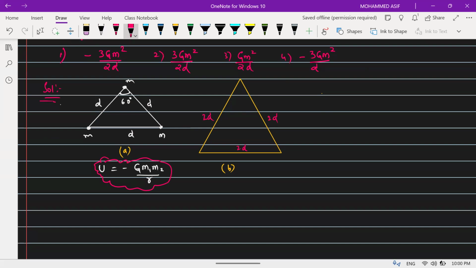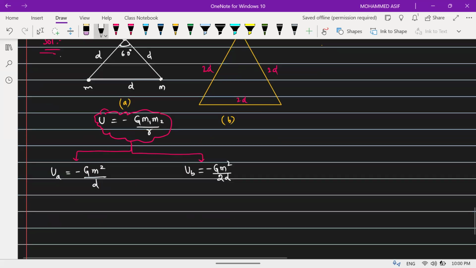Now write this formula for both cases. First the potential energy for diagram A, then for B. Potential energy of A will be minus G m square divided by the distance D. Potential energy of B will be minus G m1 m2, that is m square, divided by the distance between them, 2D. Now it is asking for the work done.